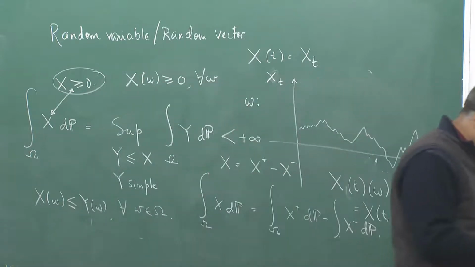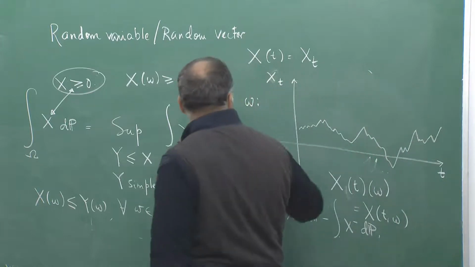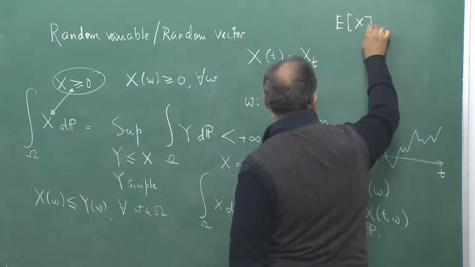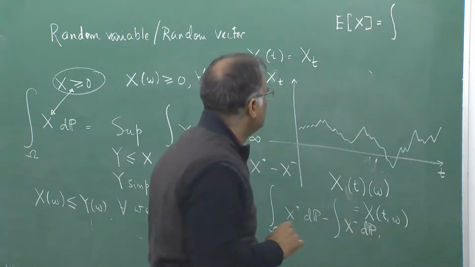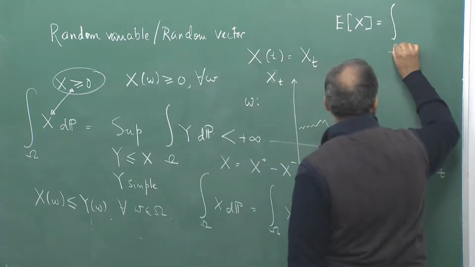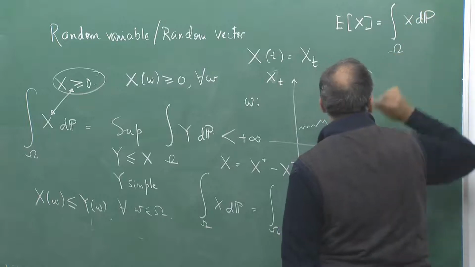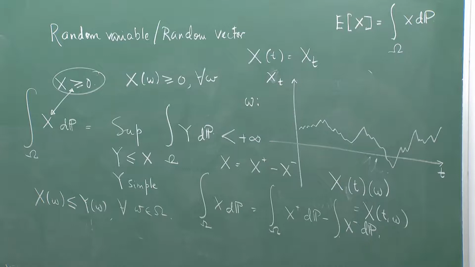What we are going to talk about now is what we call the expectation of a random variable. This is what is called the expectation of a random variable, and this is what is called the variance.